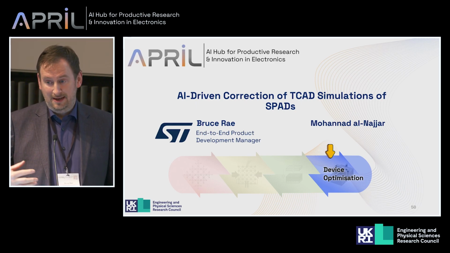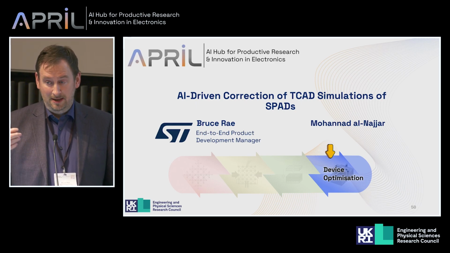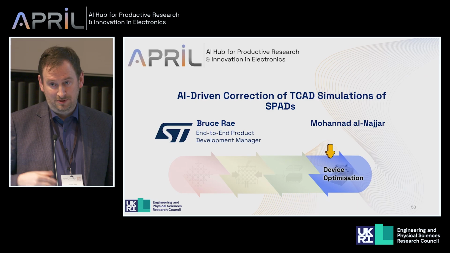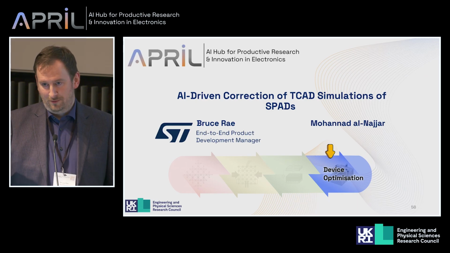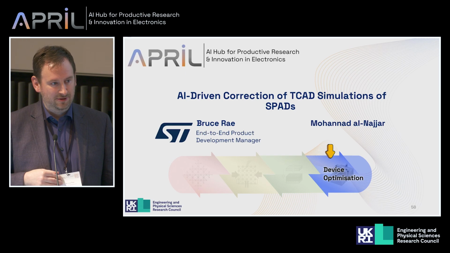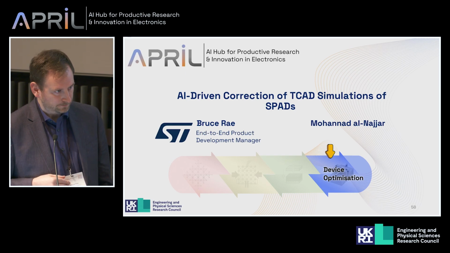So using AI to learn those offsets, to correct for those offsets and improve the calibration of future simulation is clearly essential to improve the efficiency of that development loop. So with that, I'll hand over to Mohanad to give a little bit more detail and to share the results of his work.